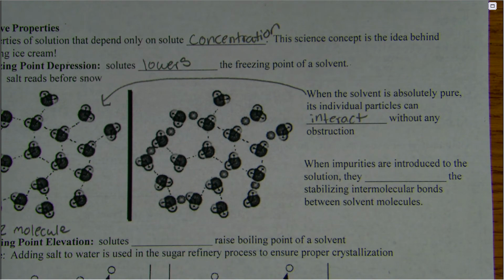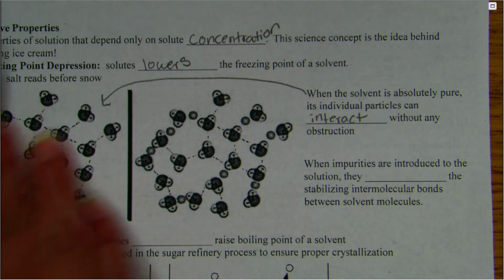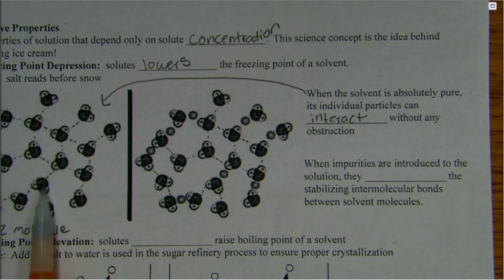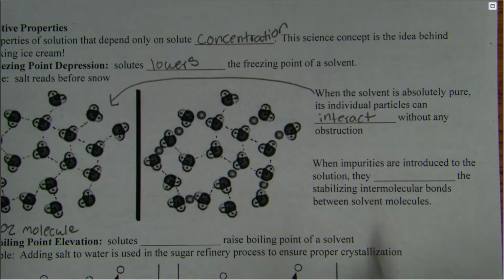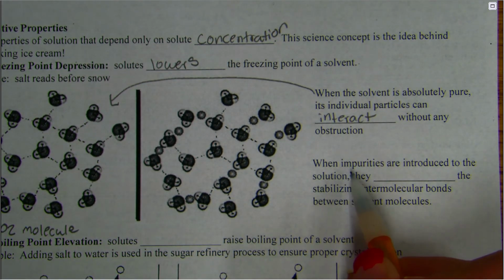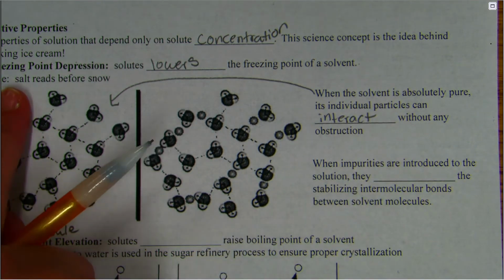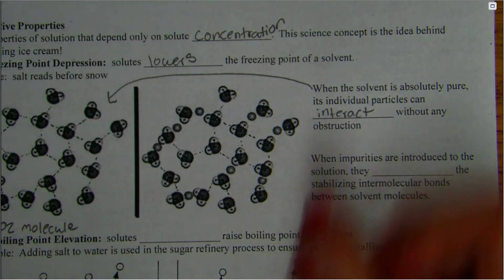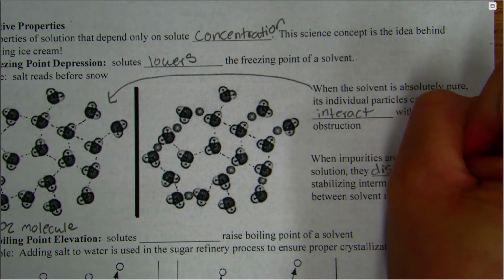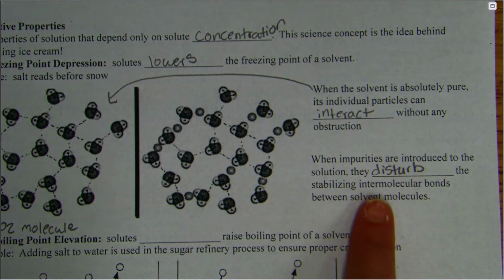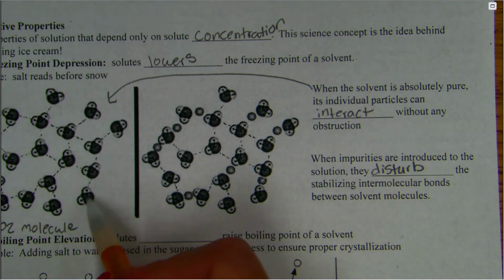There's nothing here to obstruct the interaction of these water molecules. But when I add an impurity such as a salt to it, it disturbs the stabilization of this interaction.